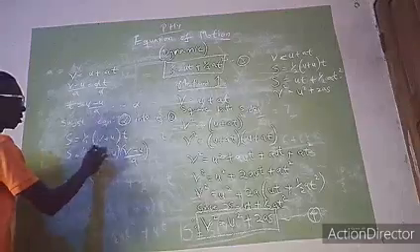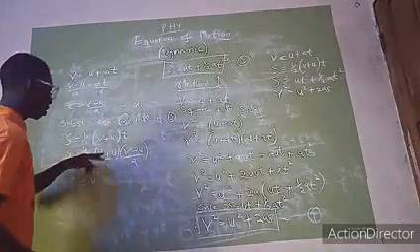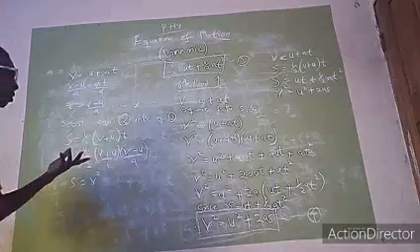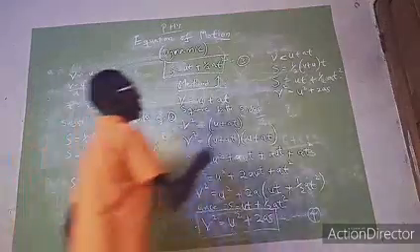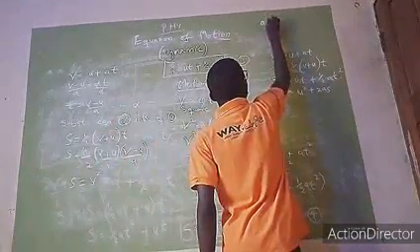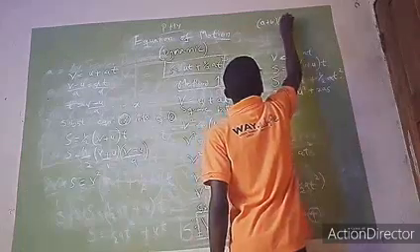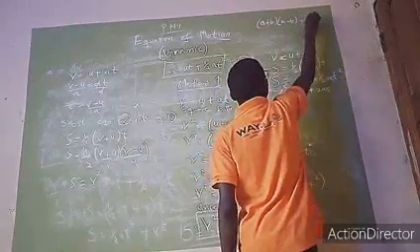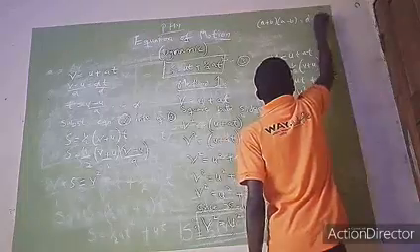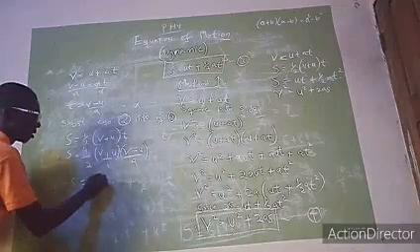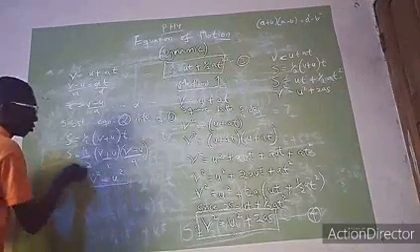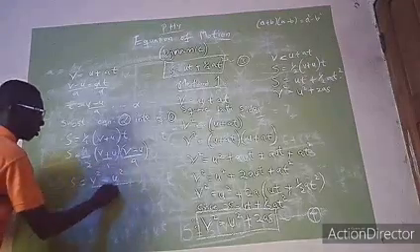V times V, as we can see, this is the difference of two squares. That's plus and minus. Whenever I have a plus b times a minus b, it is equal to a squared minus b squared. So same thing as occurred here. So I can just say V squared minus U squared all over 2 times a, 2a.